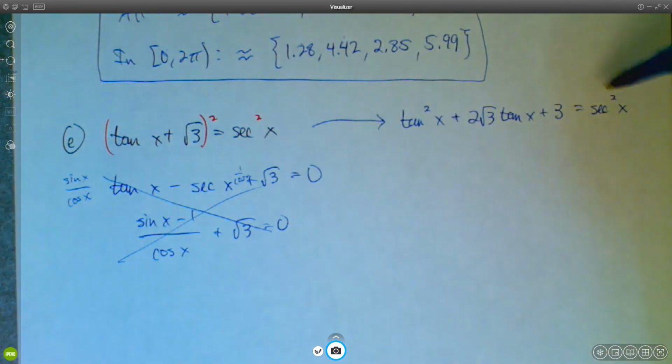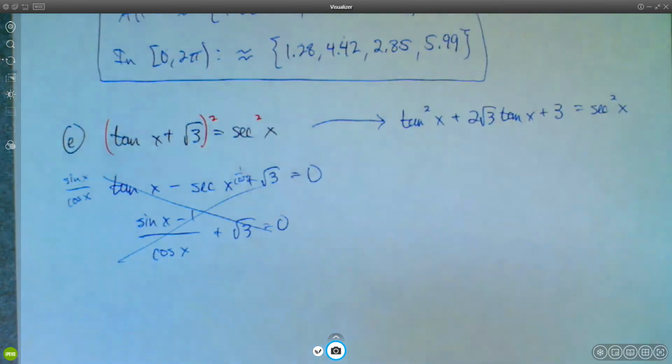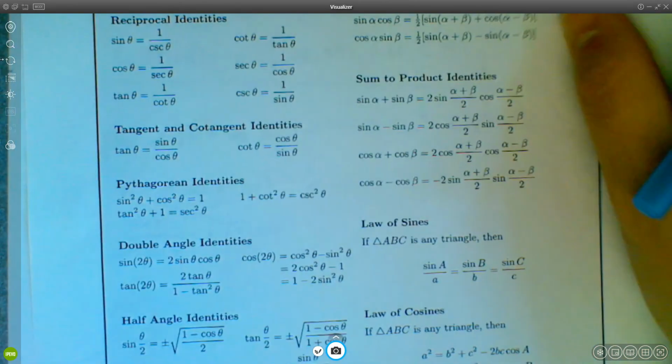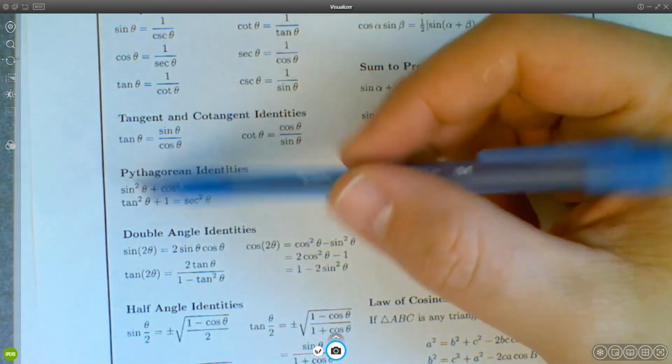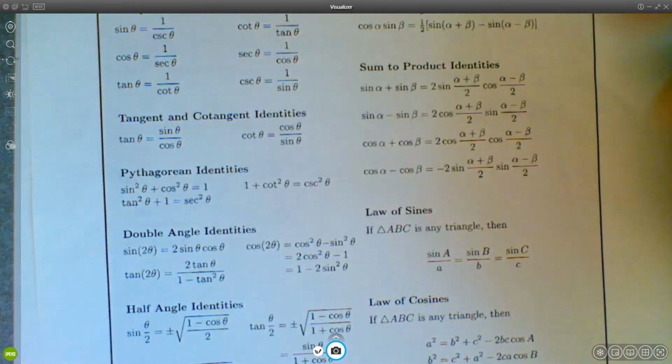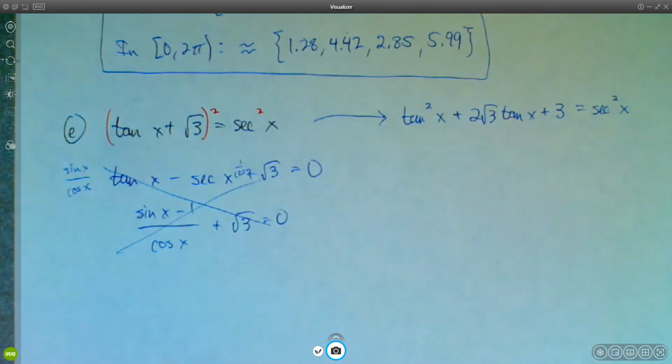By squaring both sides, I end up with a tangent squared and a secant squared. And whenever you see those two things together, your mind should be going to Pythagorean identities. We know that tangent squared theta plus 1 is equal to secant squared theta.